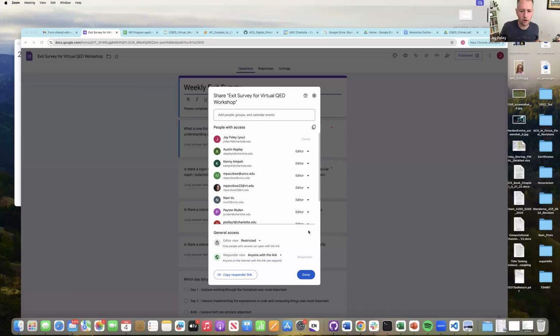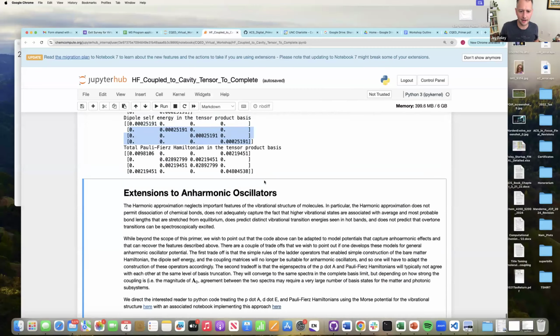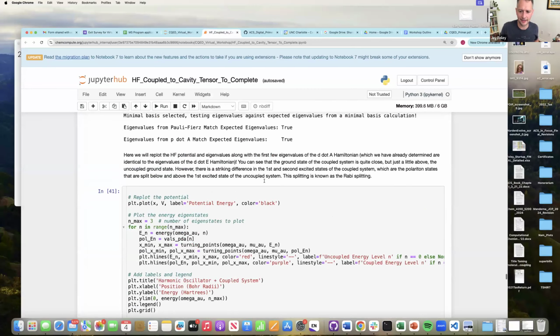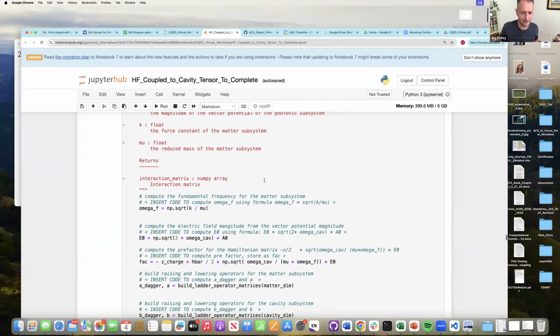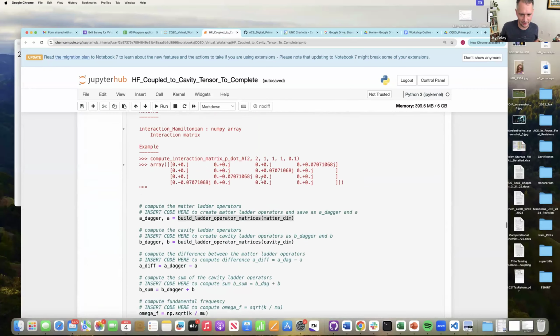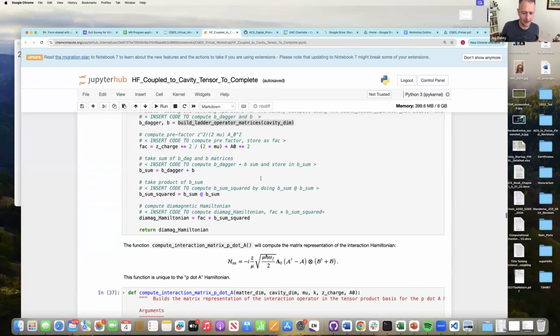Yes, absolutely. Let me go back to screen share. So basically the error that I corrected, it's not necessarily an error, it's just a choice.